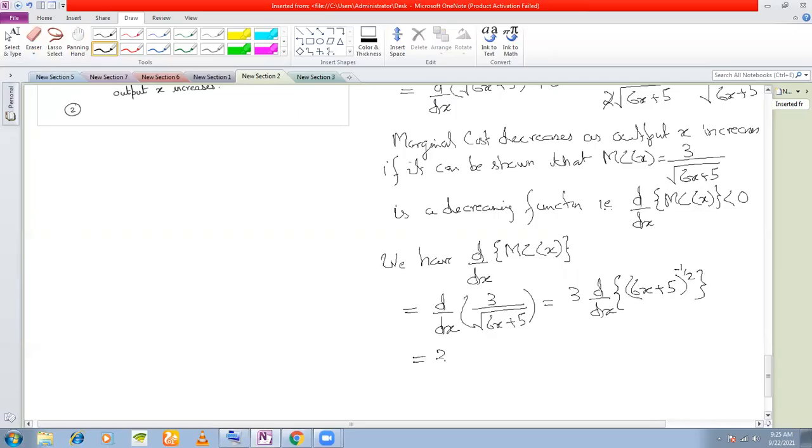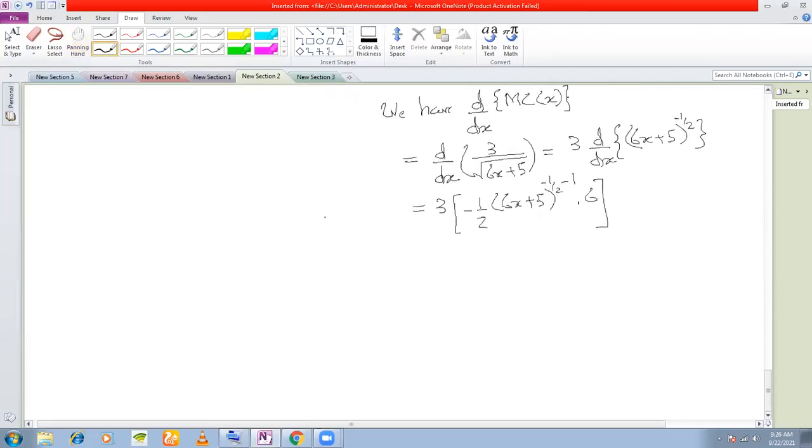So now if you differentiate this, you'll get 3 into minus half into 6x plus 5 to the power of minus half minus 1, into the d/dx of 6x plus 5, which is 6. You can cancel this. So what you're getting is minus 9 into 6x plus 5 to the power of minus 3 by 2, which is equal to minus 9 by 6x plus 5 to the power of 3 by 2.